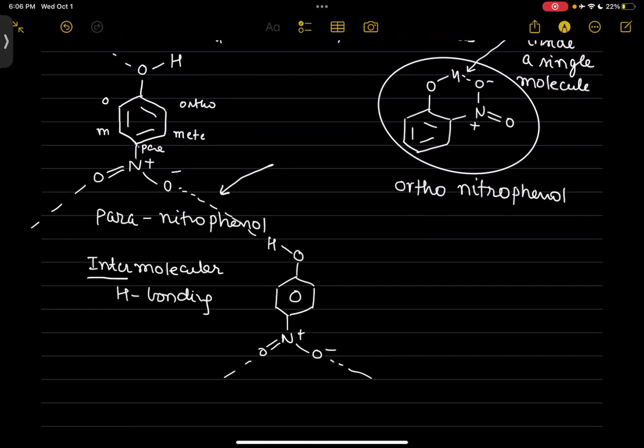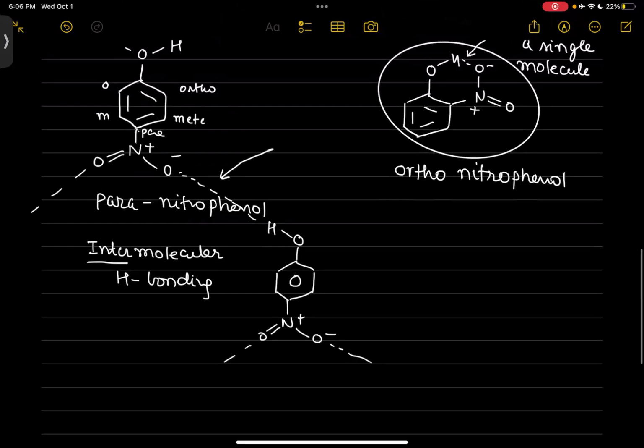Yes, sir. Now tell me where the boiling point will be higher, where it will be difficult for us to boil the two. Will ortho-nitrophenol need to be heated to a higher temperature to boil? Will it be easier for us or will it be difficult?